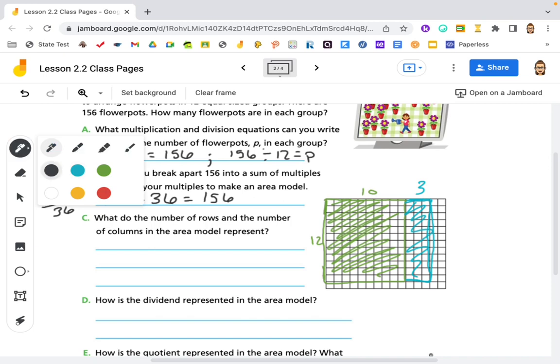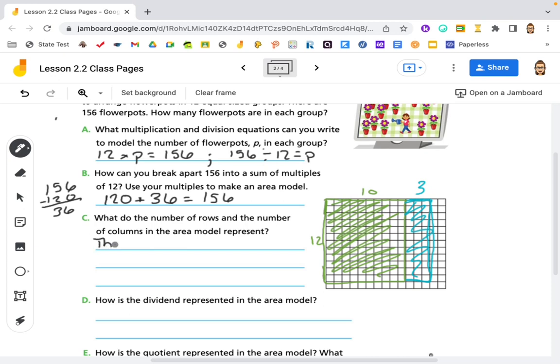Then it asks, what do the number of rows and the number of columns in the area model represent? Well, the rows represent the number of groups.